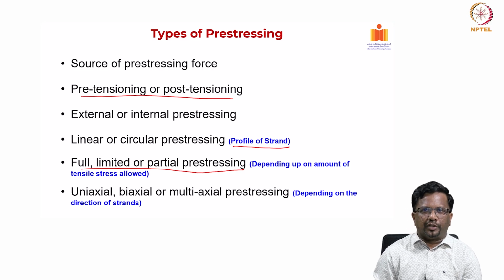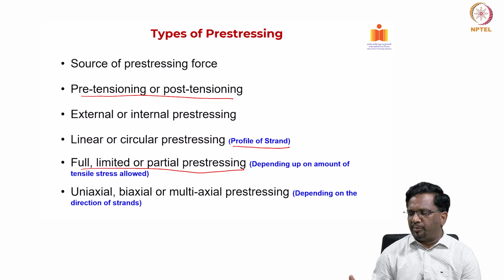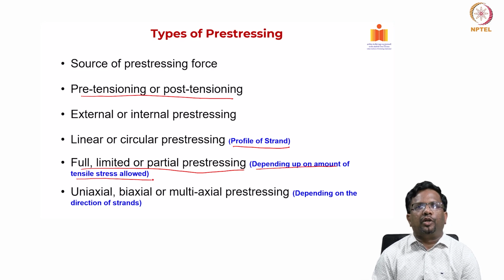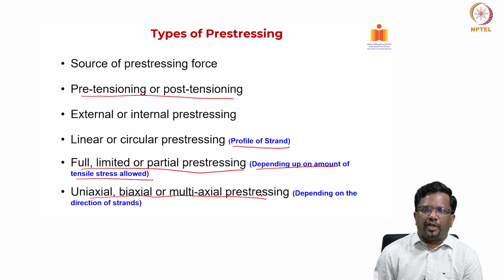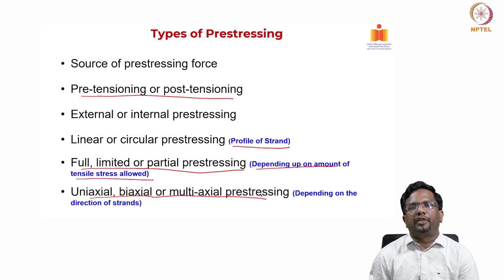In partial prestressing, tension stresses are allowed, but again there will be limits on the amount allowed. Finally, depending upon how many directions we prestress in, we can classify them as uniaxial, biaxial or multiaxial prestressing, depending upon the direction of the strands. These are some of the ways with which we classify the types of prestressing.